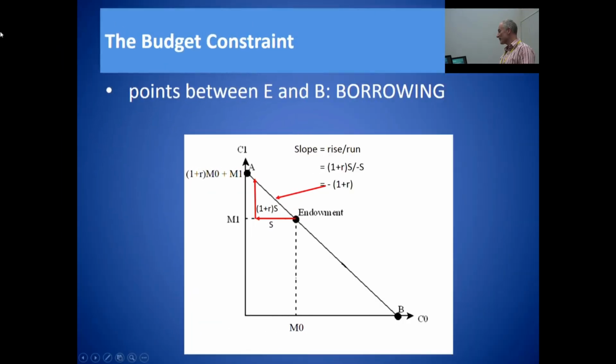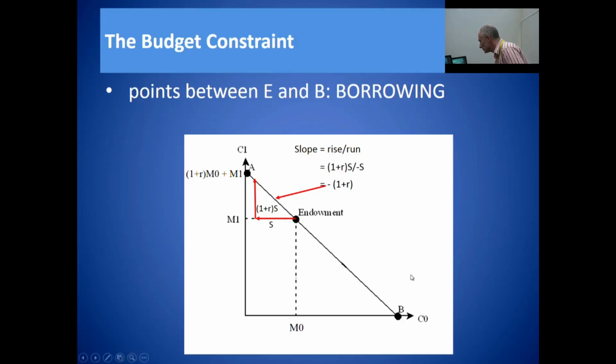Any point to the left of the endowment point reflects a situation where the individual is saving. That means that their current consumption is less than current income. They're saving. In contrast, anywhere to the right of the initial endowment point, if the individual chooses to consume somewhere along the budget constraint, anywhere between the endowment point and point B, on the far right-hand side, it means that the individual is borrowing.